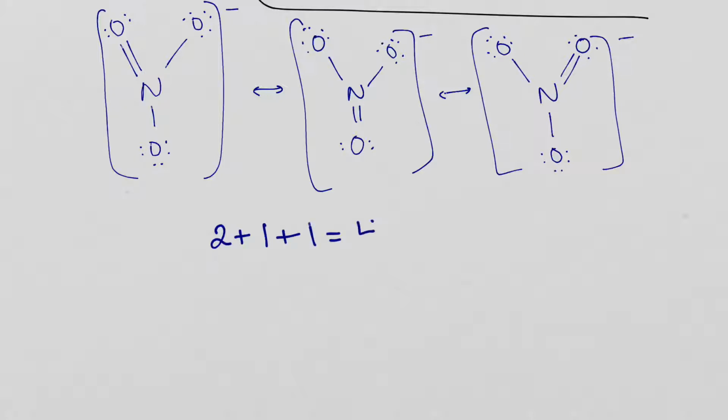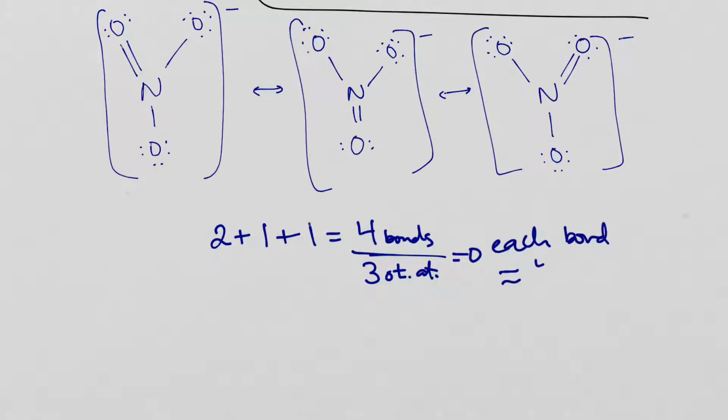That's 4 total bonds over 3 outer atoms, right? That means each bond is about 4/3 of a single bond in strength. Okay? It's about 4/3 of a single bond in strength.